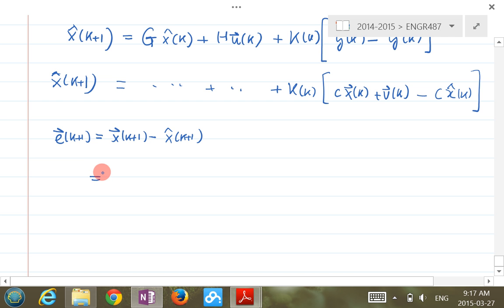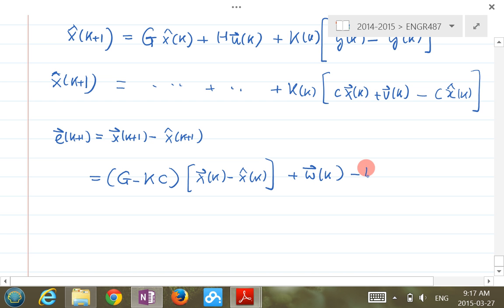If you substitute, you get (G minus KC) times (x of k minus x hat of k), plus w of k, minus capital K times v of k. The K here is a matrix, so I neglected the bracket (k).